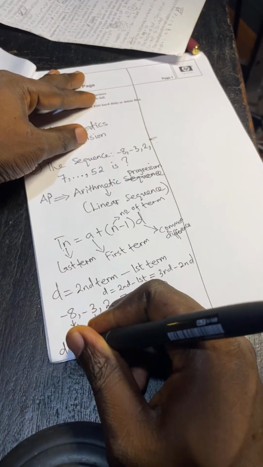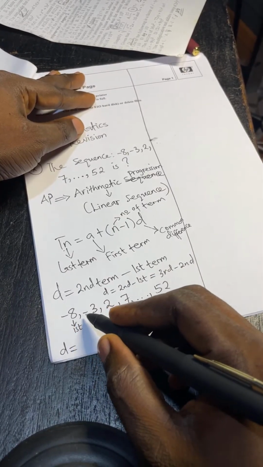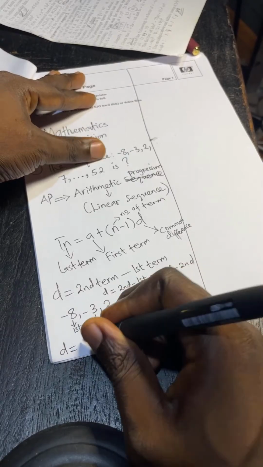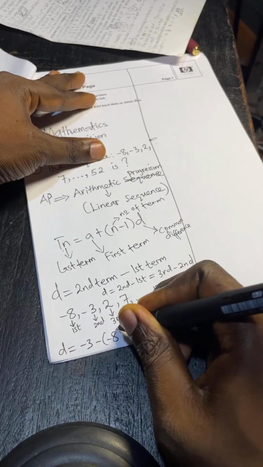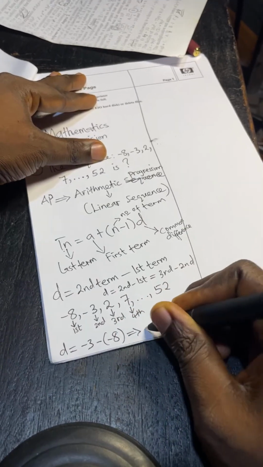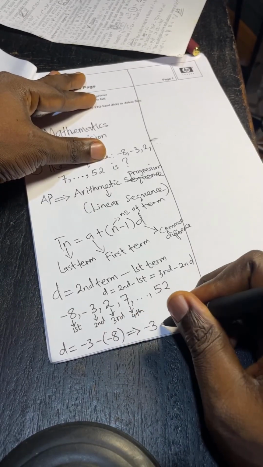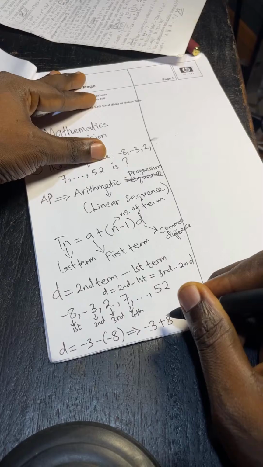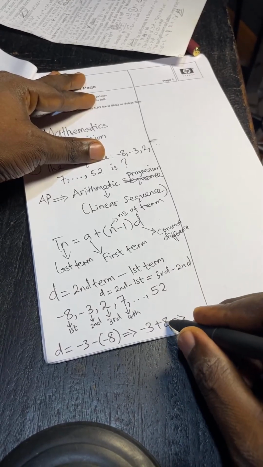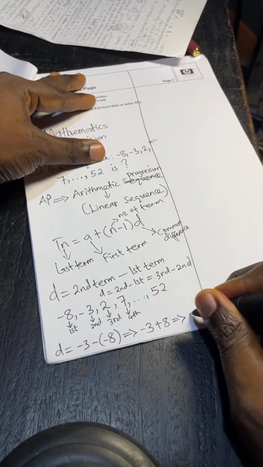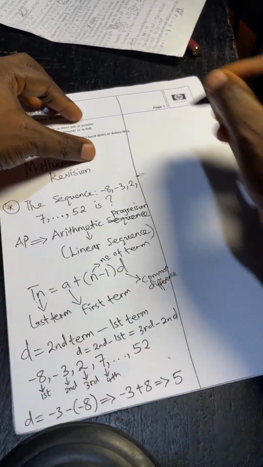My common difference will be minus 3 minus bracket minus 8. Minus into minus, that is, bracket means times, it becomes plus 8. Are you seeing it? Which at the end is just the same as saying 8 minus 3. Minus 3 plus 8 is what? 5.